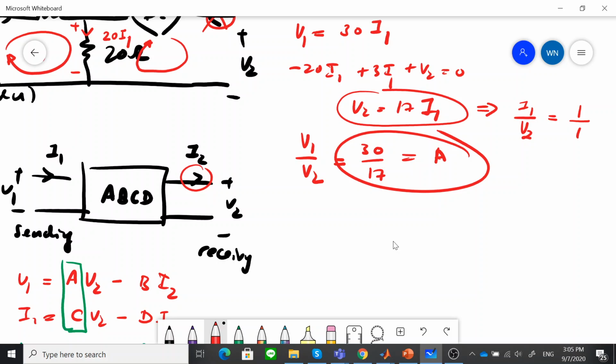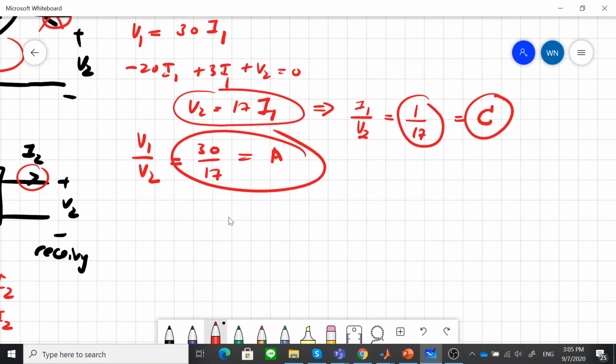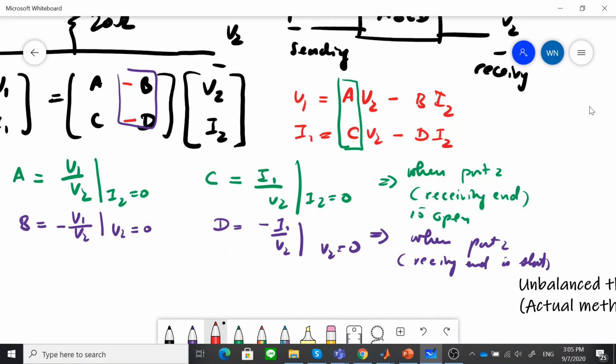This is the constant C, so you can answer the parameter C in this case. This is the circuit when terminal 2 is open. So we have answered A and C already.